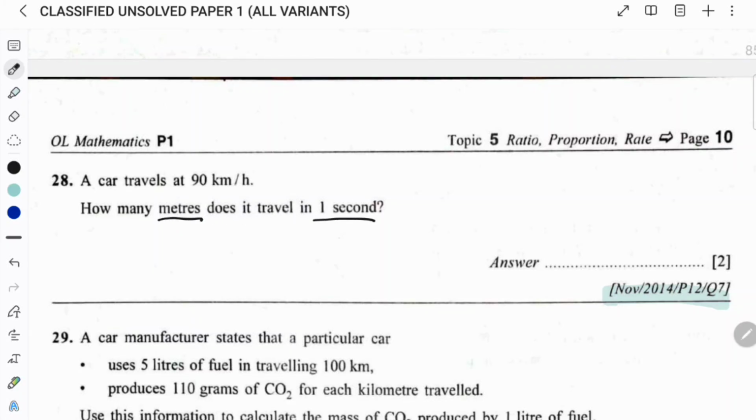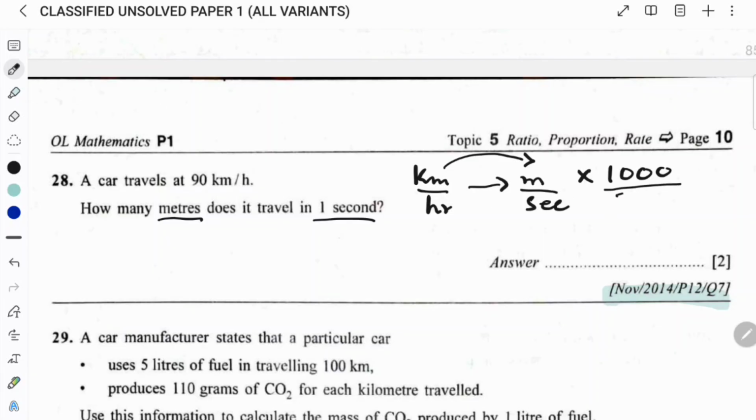It means that they just ask you to convert kilometers per hour into meters per second. You know that kilometers into meters, multiply by 1000, and hours into seconds, 60 into 60, divide by 3600. So 90 kilometers per hour into meters per second, 90 times 1000 divided by 3600.